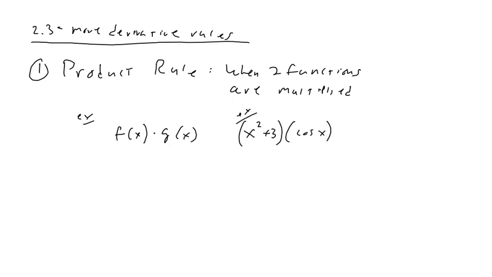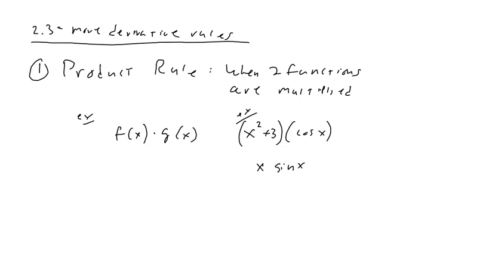This is a situation where you have two separate pieces, two separate functions, multiplying each other together, right? Or x sine x. This is a function where two pieces are multiplying together.